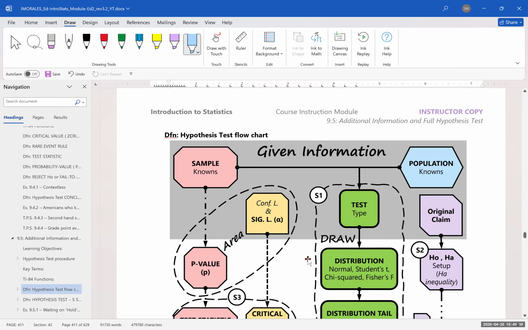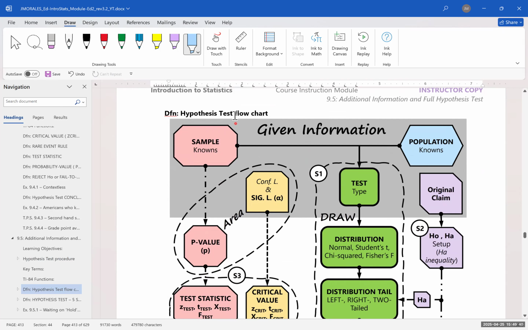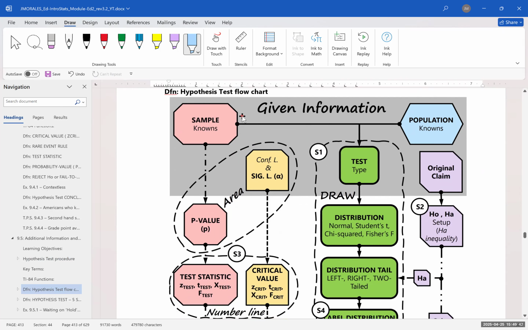And at the beginning of chapter 9, I showed this graphic organizer or this flowchart. And you may have looked at this before and thought, what the heck is all this stuff? But let's take a quick look at it again, now having covered all the other sections. So, you're going to be reading a word problem, and the word problem is going to give you some information about the sample.